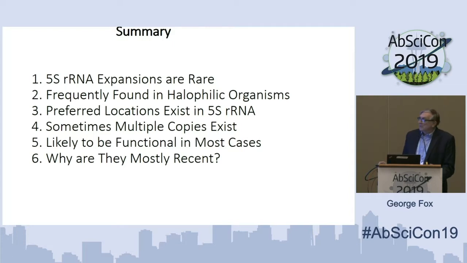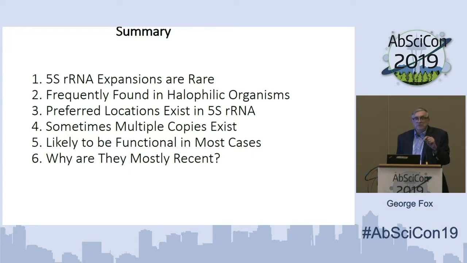And then there's a question which comes up, which is kind of the origins question: why are they mostly recent? When you have examples from the same genus, different species of the same organism, they have the 5S RNA, and you compare the sequences, what you find is there are some sequence differences, and those sequence differences take care of the structure.